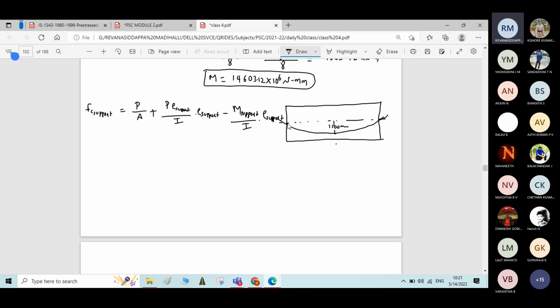It is 0 only. There is no eccentricity at the support. E support is 0. Even moment at the support is also 0.